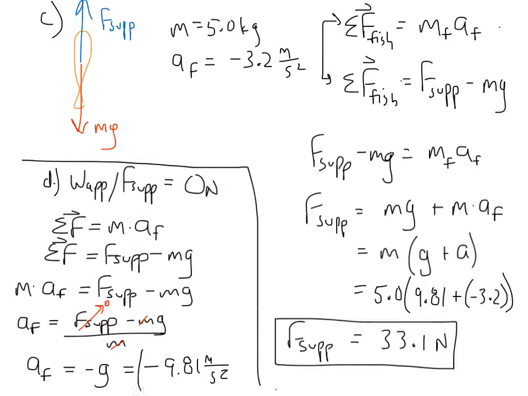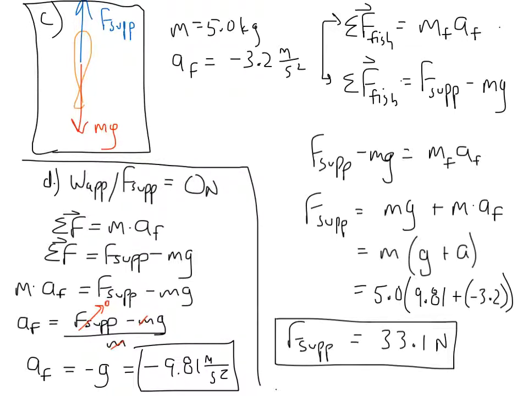And that should make sense. Here's our fish in the elevator. What would happen if the elevator were to suddenly go into free fall? Because that's really what this is. The elevator is moving downwards at negative 9.81 meters per second squared. That means there's nothing supporting it from above. Let's say the cable snapped, so everything is moving down.